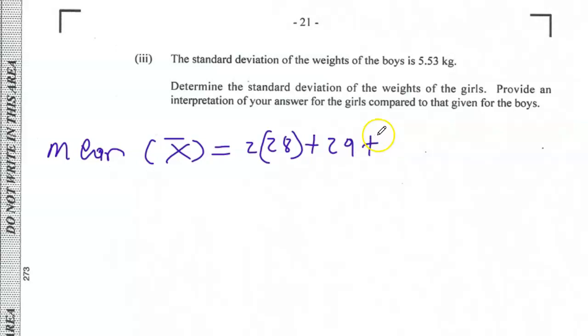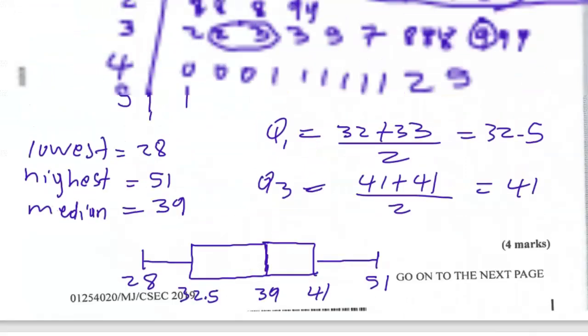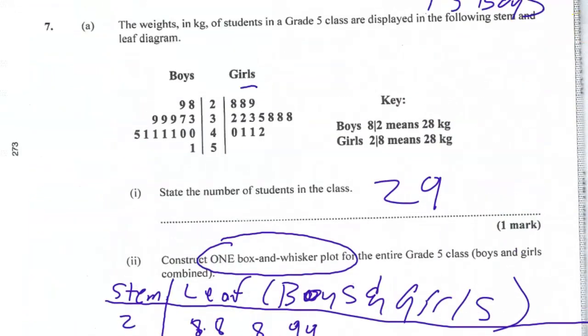and then we had 32, 32 was there twice, and we have 33, we also had 35, 38. 38 was there actually 3 times. Let's double check. So for the girls, notice 38 was there 3 times.